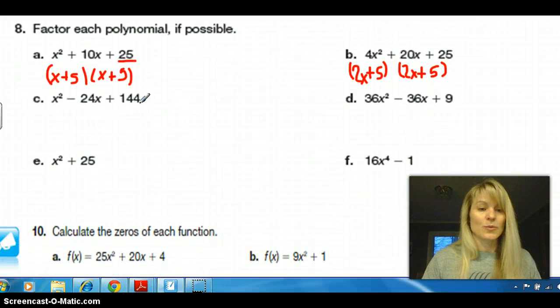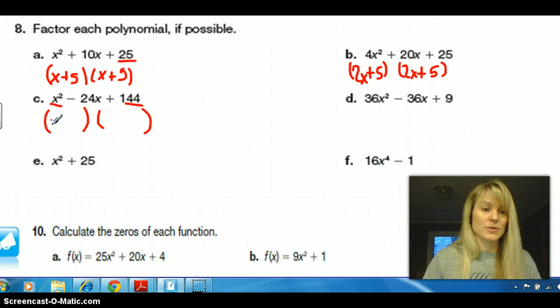So again, here we have a perfect square. Should know that 12 times 12 is that. So again, we're just going to set up our parentheses. And we have x squared here, so we know that x is going to go here, and x is going to go here. 144, we know that's going to be 12 times 12.